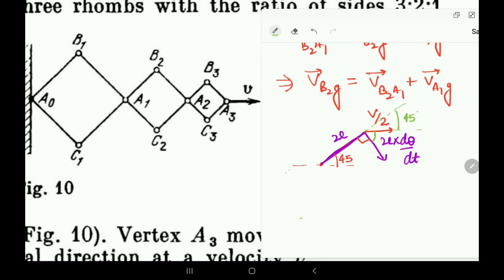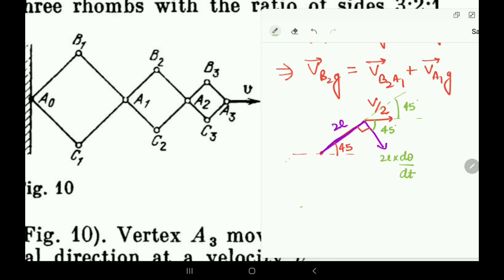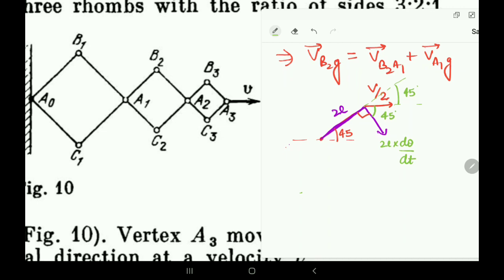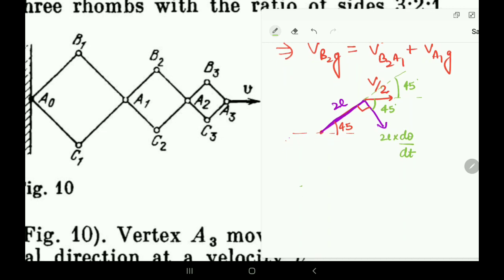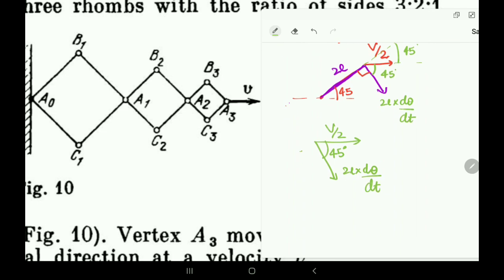So the angle between both the velocities becomes 45 degree. You can see the geometry. The tangential velocity is 2L d theta by dt with respect to the A1 frame, and the frame velocity is making an angle of 45 degree with the tangential velocity with respect to frame A1.